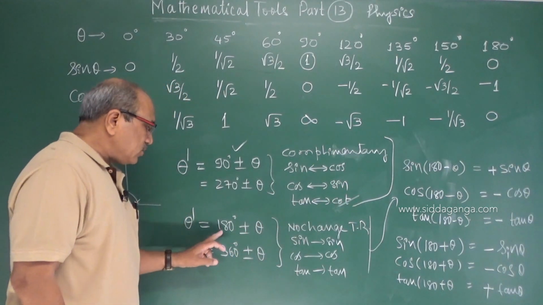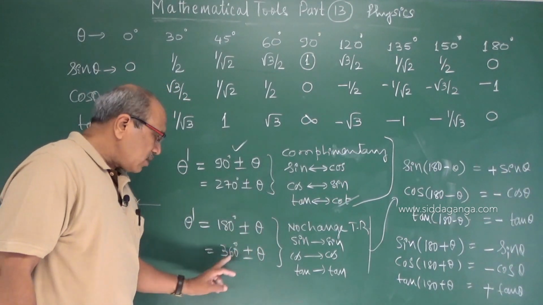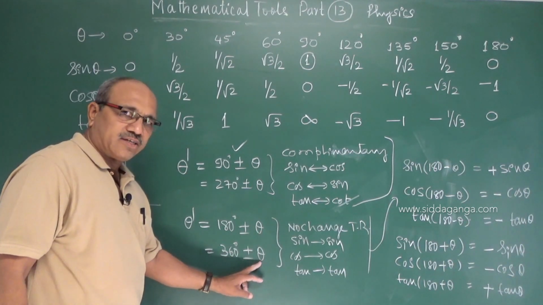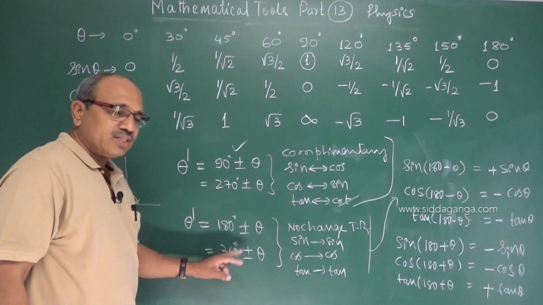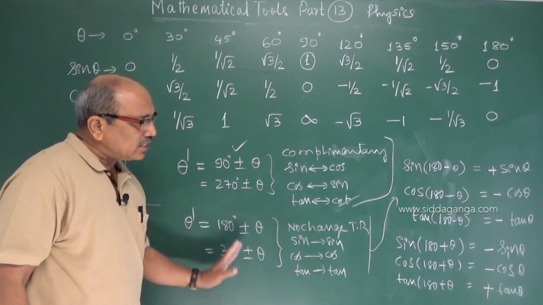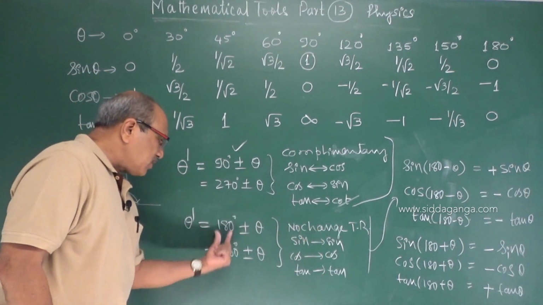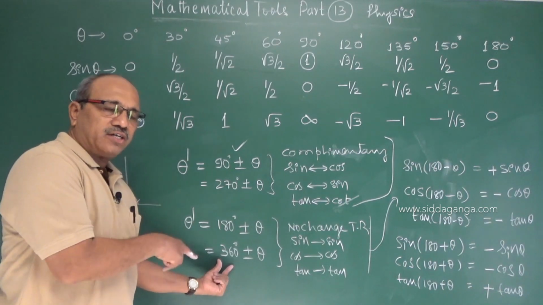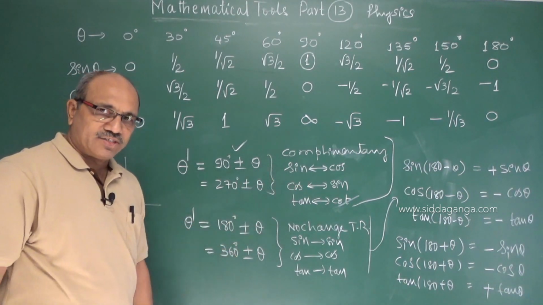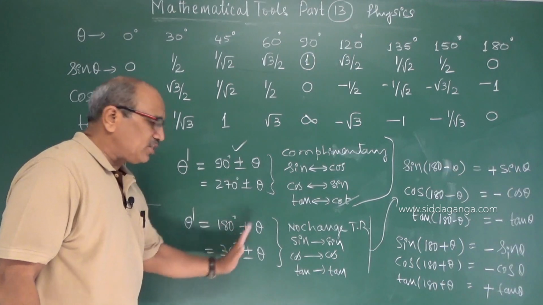But if the angle is 180 plus or minus theta, or 360 plus or minus theta, then you will get the same sine, cos, tan function. After seeing which quadrant it belongs to, put the sign convention accordingly, but no function change.